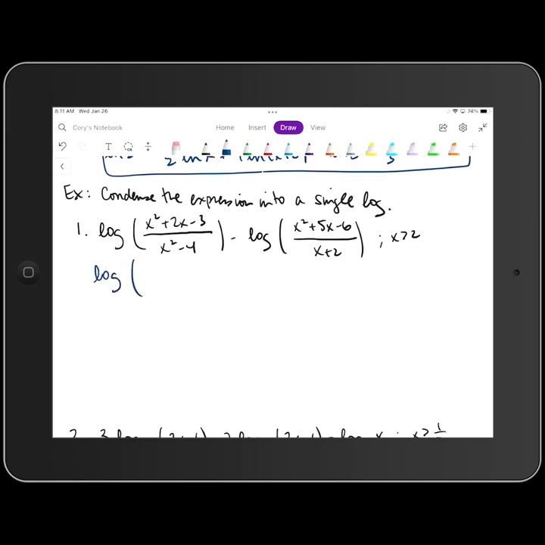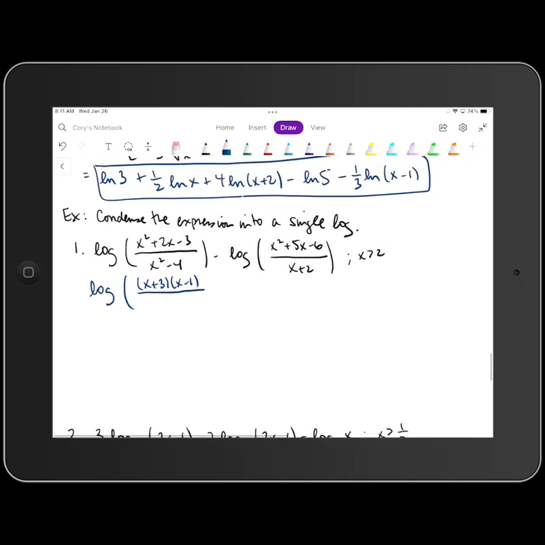Okay, so I'm going to do two steps here. I'm going to divide the arguments, combining into a single log, and then I'm going to factor the numerator and denominator of each fraction. Okay, so for x squared plus 2x minus 3, that's going to factor to x plus 3 times x minus 1.